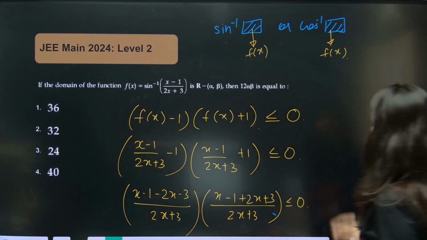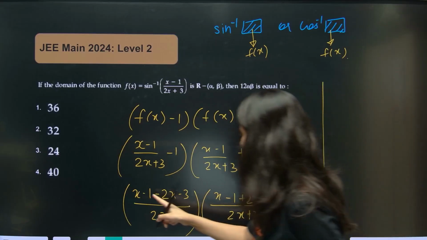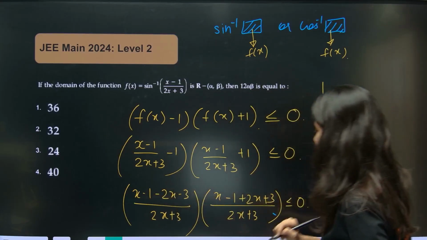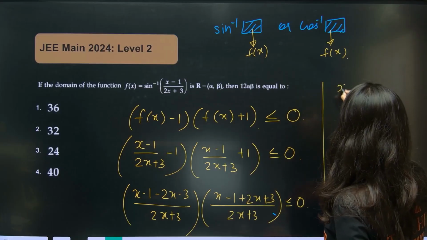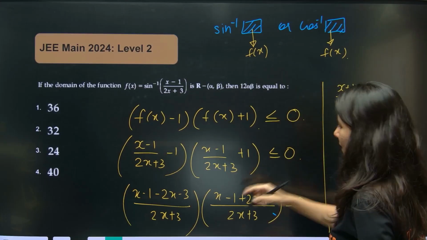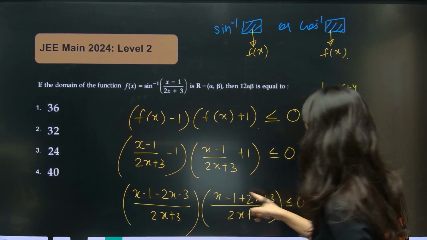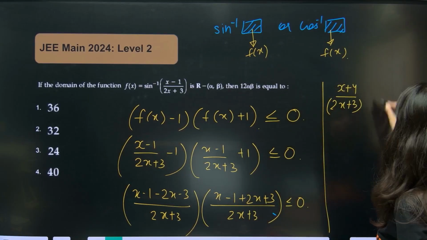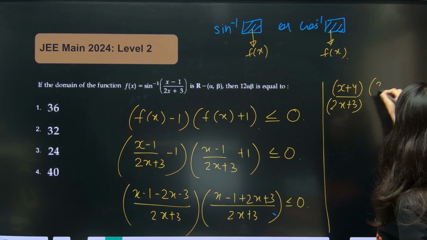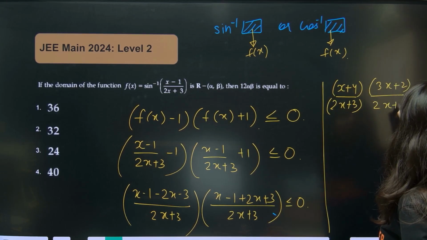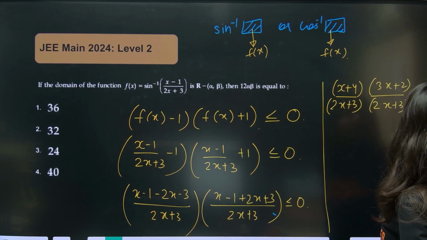So now what are you going to get? Minus x minus 4, so minus x minus 4. It is going to give you x plus 4 upon 2x plus 3 was already there. Now this is 3x plus 2 whole upon 2x plus 3 less than or equal to 0.